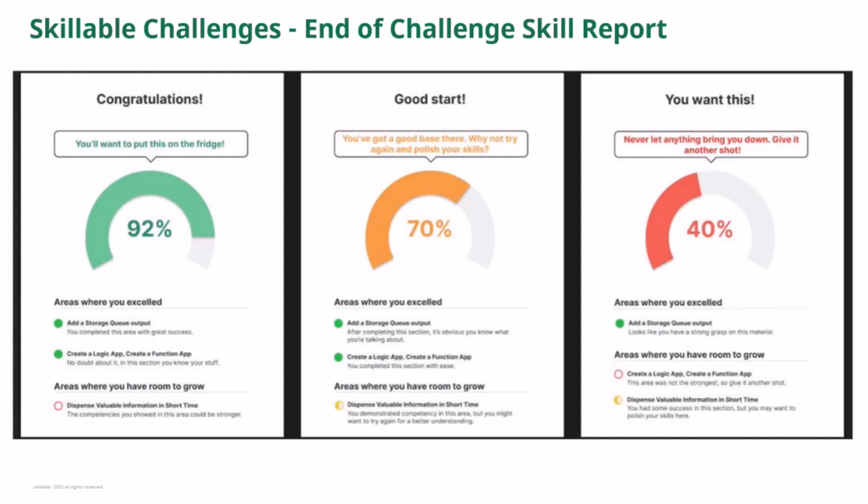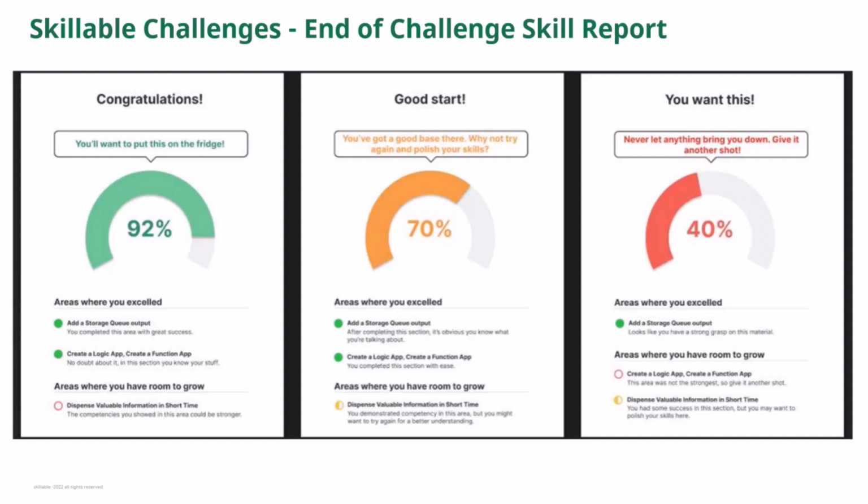But then below that, we take it a step further down to the actual skill that they were asked to perform, or the particular outcome. And in and around those outcomes, you can see we also say, hey, green, good job. This is where you excelled. Hey, maybe here's where you have room to grow, on those yellows and reds.